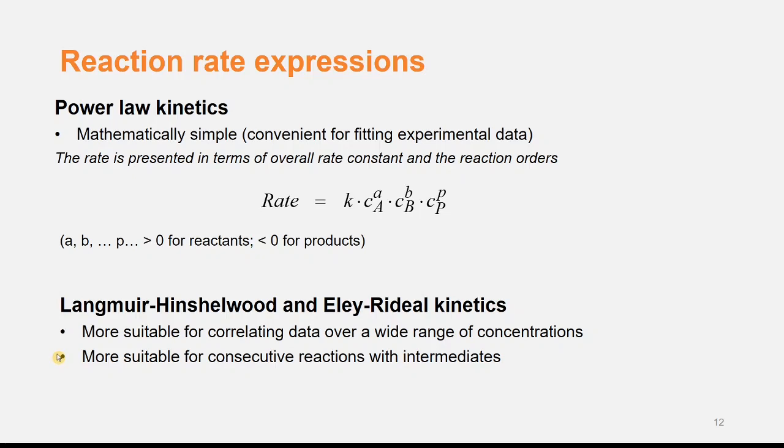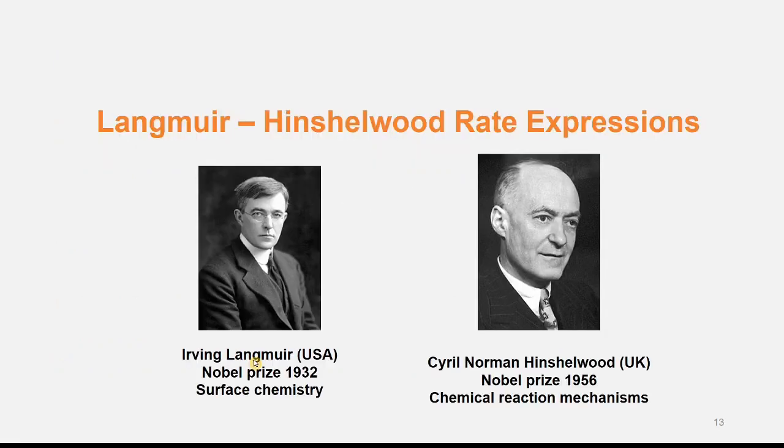They provide some understanding of the mechanism of how the reaction happens. Langmuir and Hinshelwood both received Nobel Prizes for their work in surface chemistry and chemical reaction mechanisms. You can see how long ago that was, and we are still using their mechanisms.